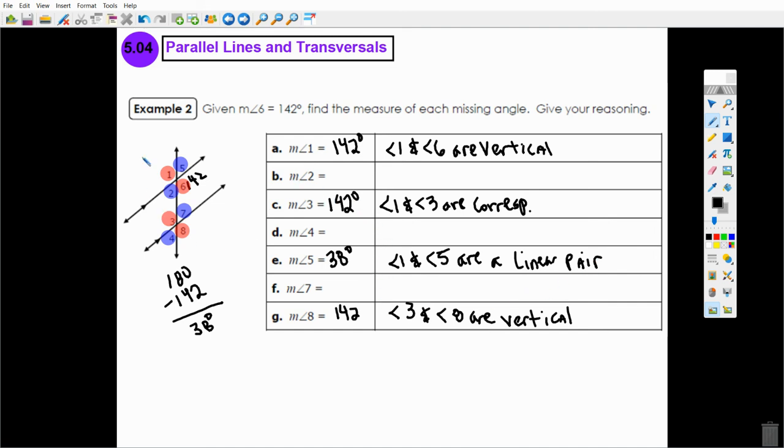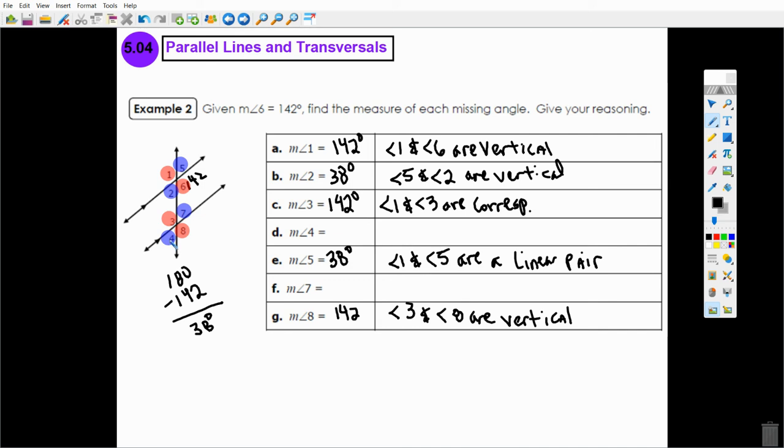So again, it's important to know the vocab for that reason. And angle 5 and 2 are the same color. We said that angle 5 was 38, so angle 2 is also 38. And since angle 5 and angle 2 are vertical, then obviously they'll both be 38 degrees.